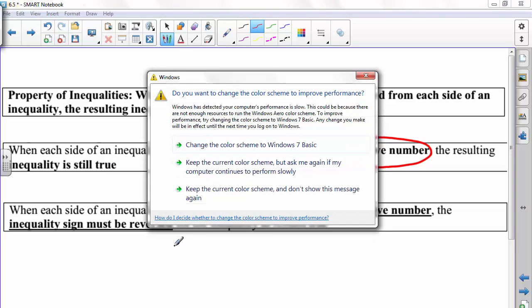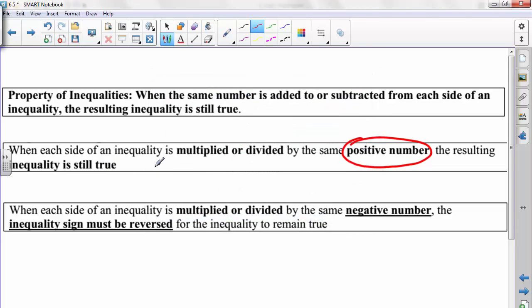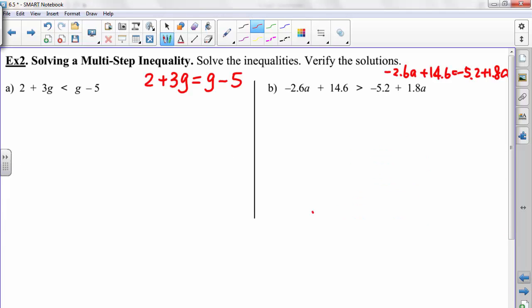So the last one will be different from the second one. When each side of an inequality is multiplied or divided by the same negative number, if I multiply or divide both sides of an inequality by a negative number, I must reverse the direction of the inequality sign in the solution steps. So let's apply all those three properties to solve more complex inequalities.